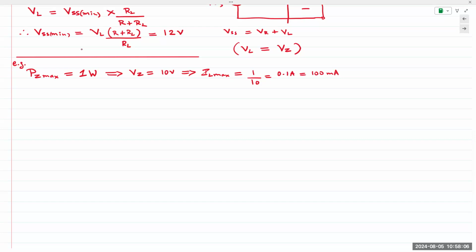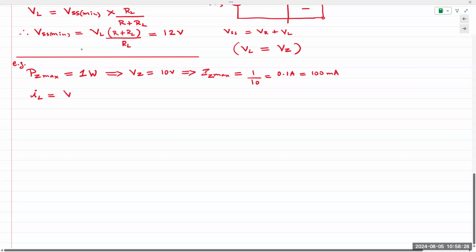And then, if that's the case, we can now calculate what IL, oh, sorry, this would be IZ max, not IL max. This would be IZ max, Zener diode max. So from here, I can calculate IL.